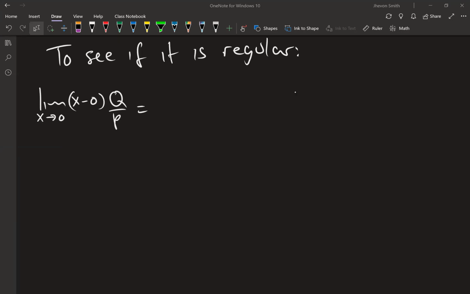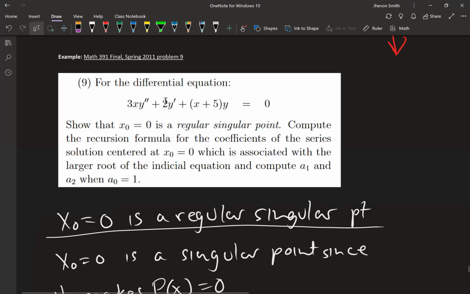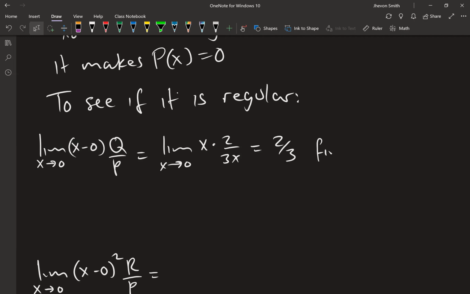We also need to check the limit as x approaches 0 of x minus 0 squared times r over p. Okay, so in this case, q over p is 2 over 3x. So this is the limit as x approaches 0 of x times 2 over 3x. So this is 2/3, which is finite.